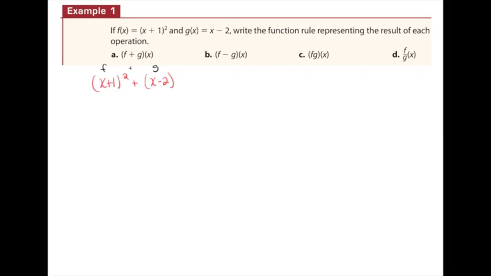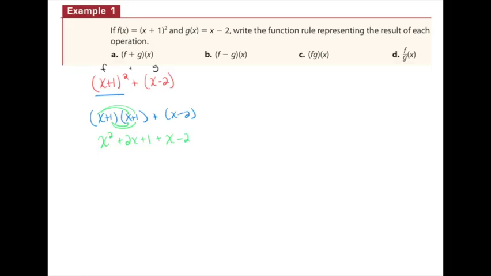Now to simplify this, I have to do my basic operations. So I have to do my exponent. Well, that's (x plus 1) times (x plus 1) plus my x minus 2. So to do this, I need to FOIL. So I have x squared. I'm going to get 1x and 1x, so that's 2x, and then 1 times 1 is 1. This doesn't have any number in front of it, so I just have to get it out of the parentheses: x minus 2.